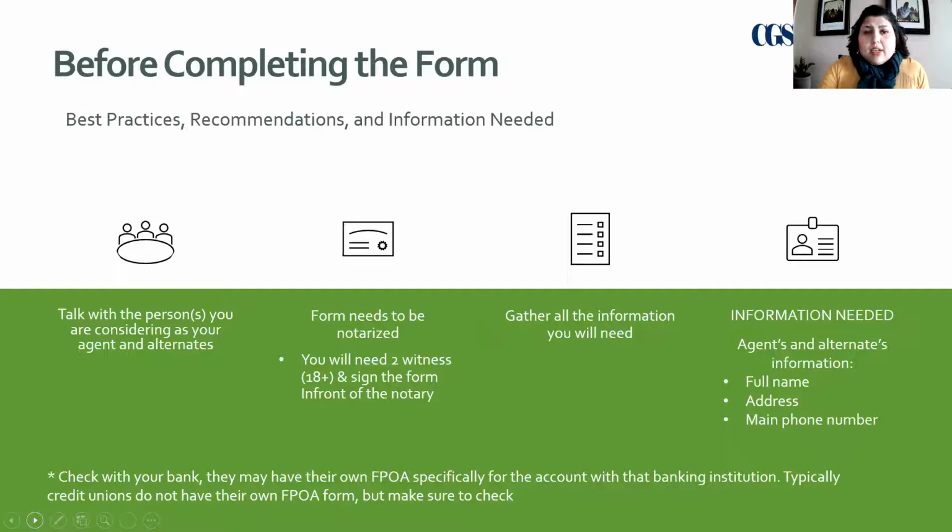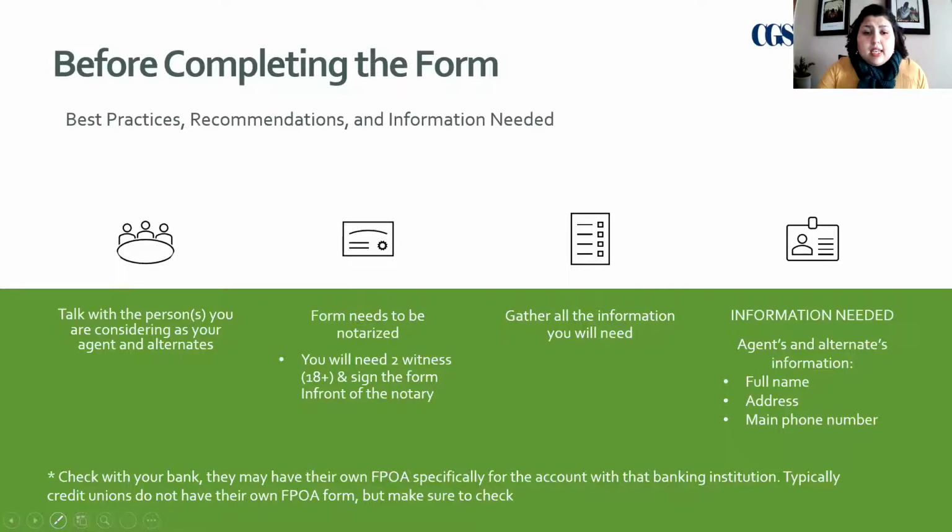It's basically agreeing to anything financial for that person, that they would be monitoring. So it's a rather large responsibility. So we want to make sure that the individual fully understands and has the opportunity to say yes or no.